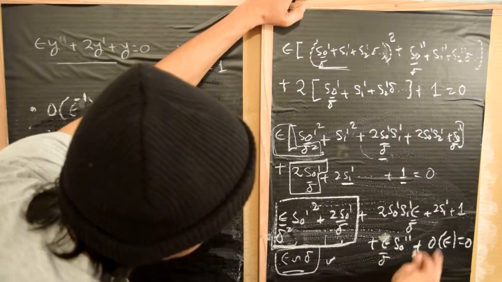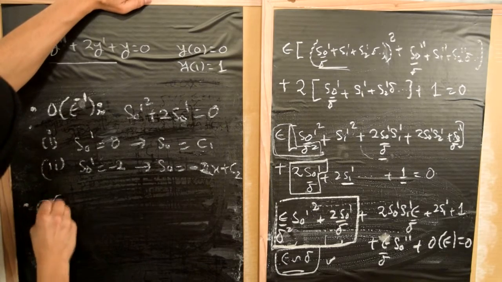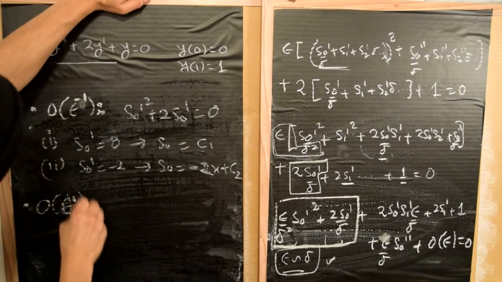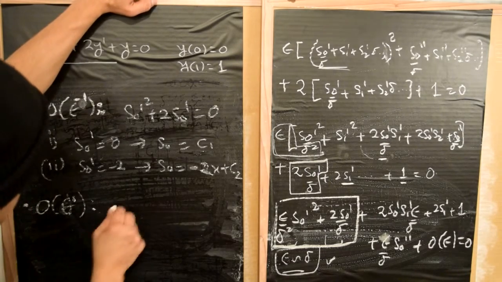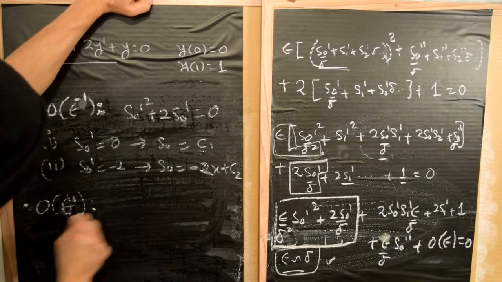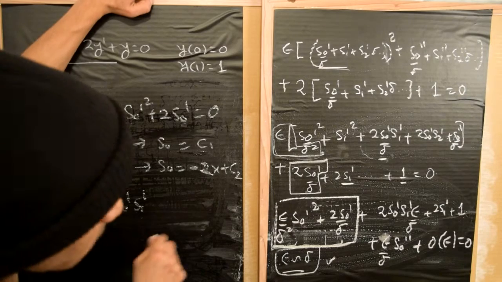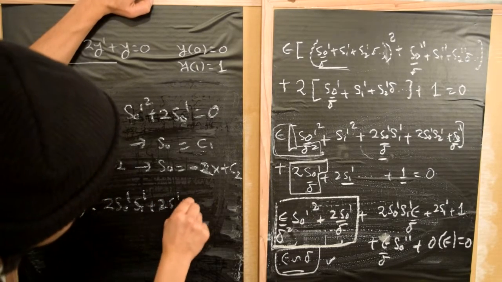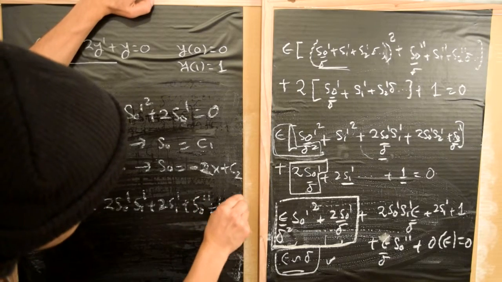Then let's collect terms which are of order 1. So we have order 1, or rather epsilon to the power of 0. So we have 4 terms there, which are 2 s naught prime s1 prime plus 2 s1 prime plus s naught double prime plus 1 is 0.